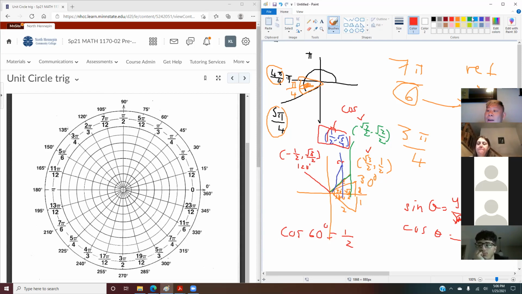And if you look at the 45, which is √2/2 and √2/2, this will become negative √2/2 and √2/2. And this 45 on this side is 180 minus 45, which is 135.